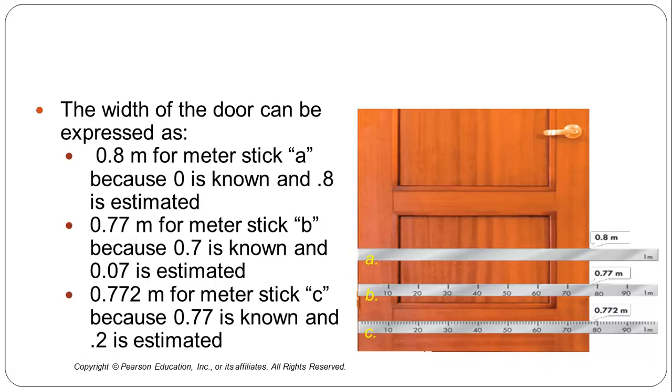For meter stick B, the reading is 0.77 meter. The 0.7 is the known value and the 0.07 is the estimated one, since the naked eye can no longer see it. That is already very detailed. However, on the third meter stick, meter stick C, the reading is 0.772 meters. The 0.77 is known, clearly visible, and the 0.002 is the estimated value of meter stick C.